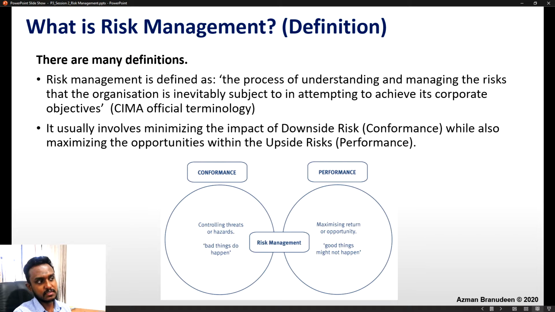On the performance side, because good things might not happen, you're trying to maximize your return or the opportunity of any positive situations. So you're trying to perform. Sound risk management is striking the right balance between conformance and performance.